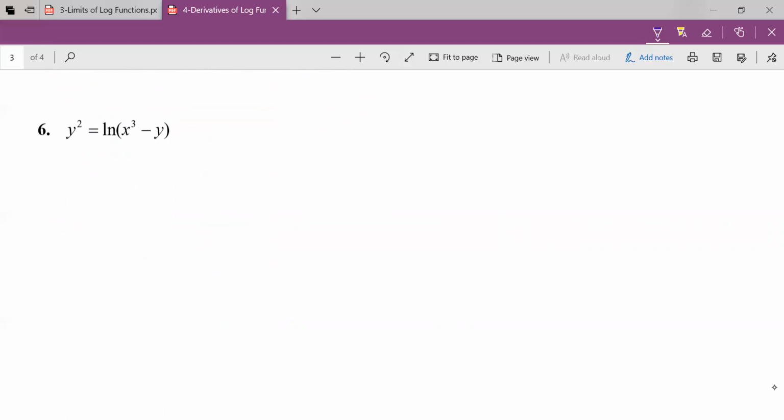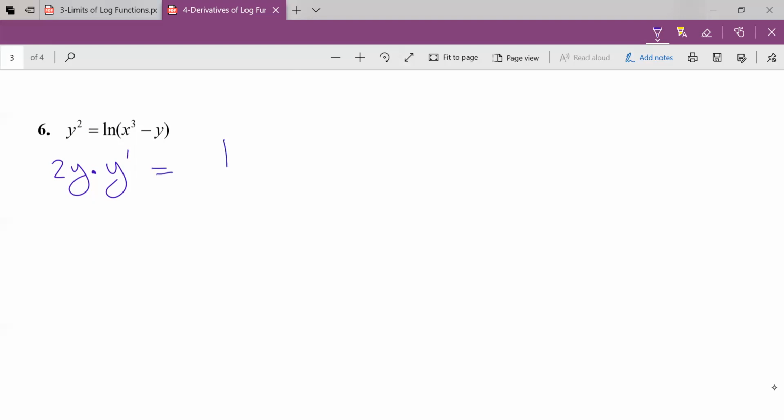Okay, here is where we're not able to explicitly get y by itself. So this is where we're going to have to do implicit differentiation. So I rewrite this while I'm doing it, 2y, but remember now when I take the derivative of y, I'm going to write y prime or dy dx. Okay, natural log.